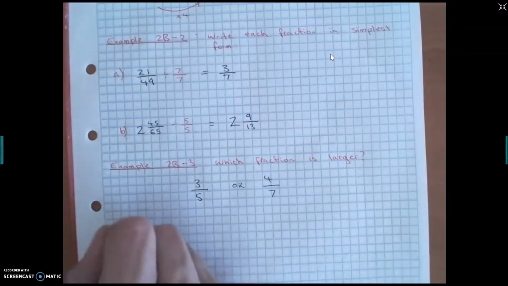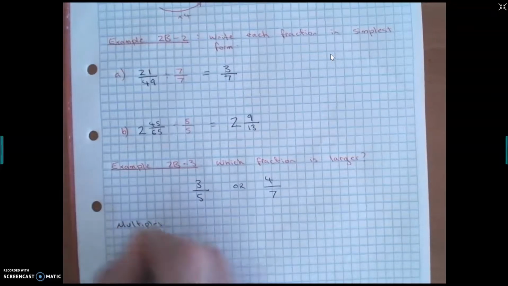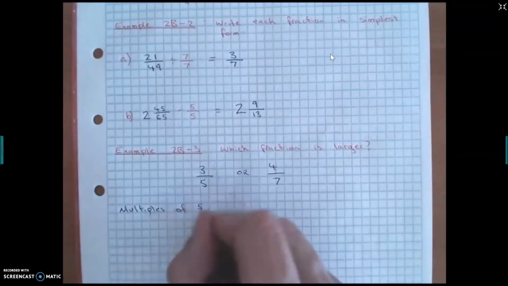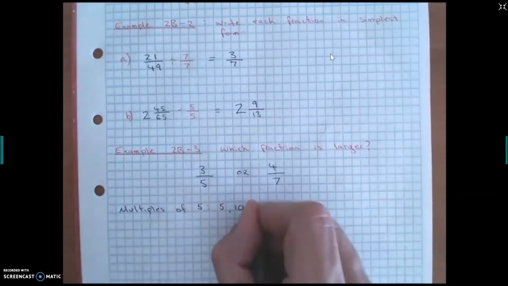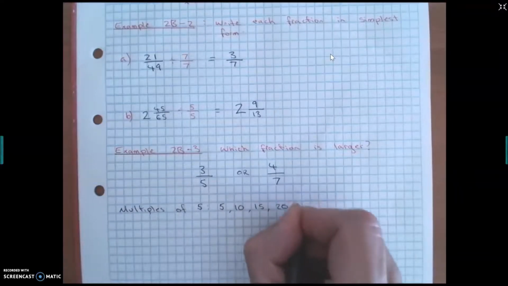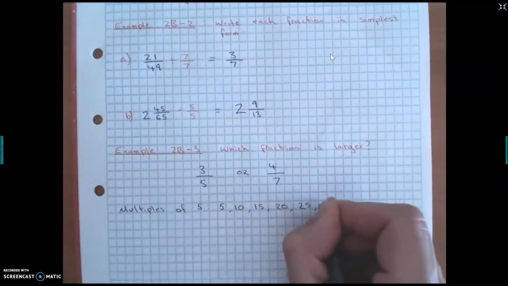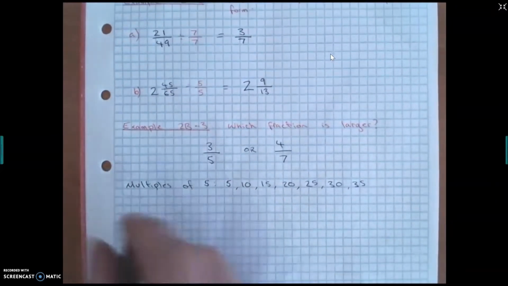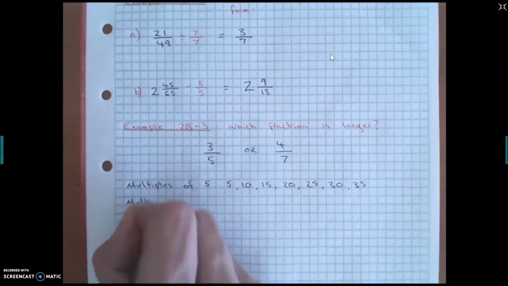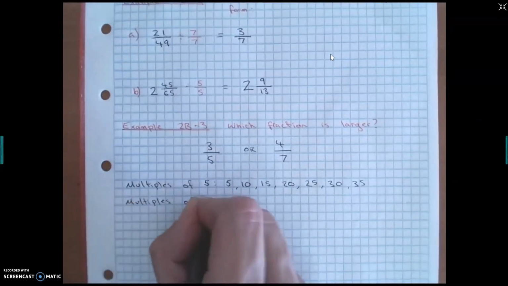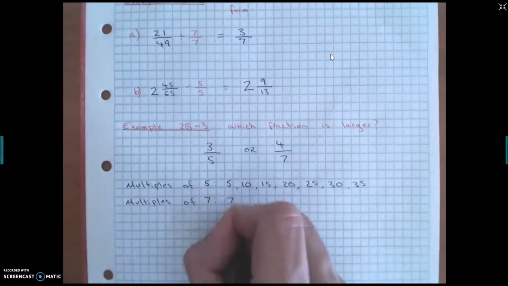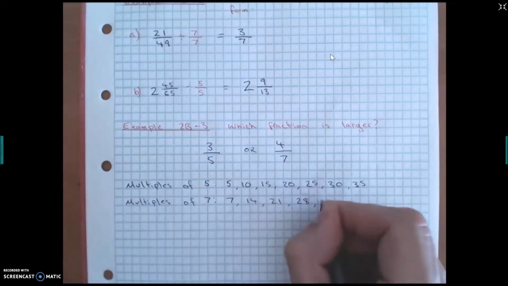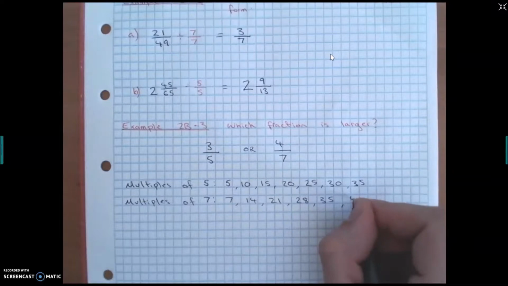So multiples of 5 are 5, 10, 15, 20, 25, 30, and 35, and multiples of 7 are 7, 14, 21, 28, 35, 42.